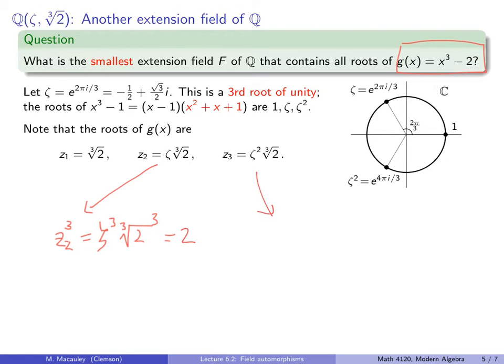And similarly for this one, zeta squared to the third, which is zeta to the sixth, times the cube root of 2 cubed, which is also 2, because zeta to the sixth, if you go around 6 times, 1, 2, 3, 4, 5, 6. So both of these clearly solve x cubed minus 2.